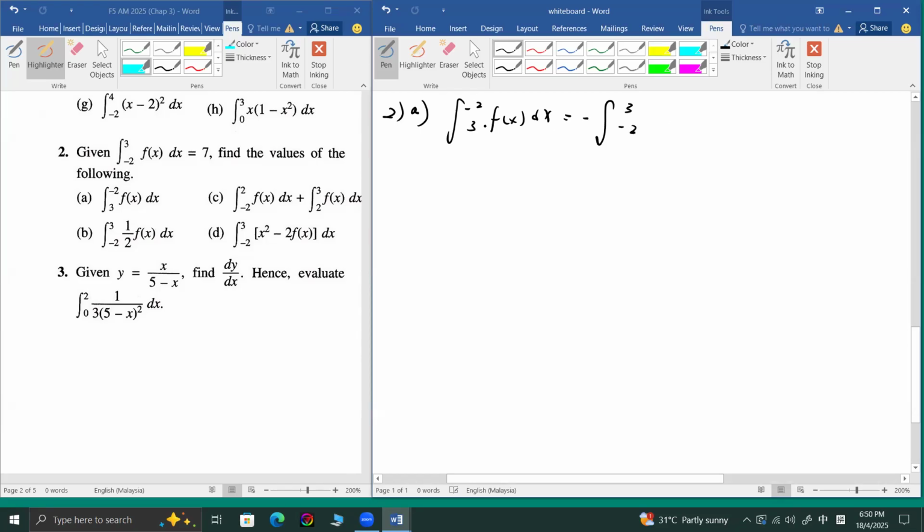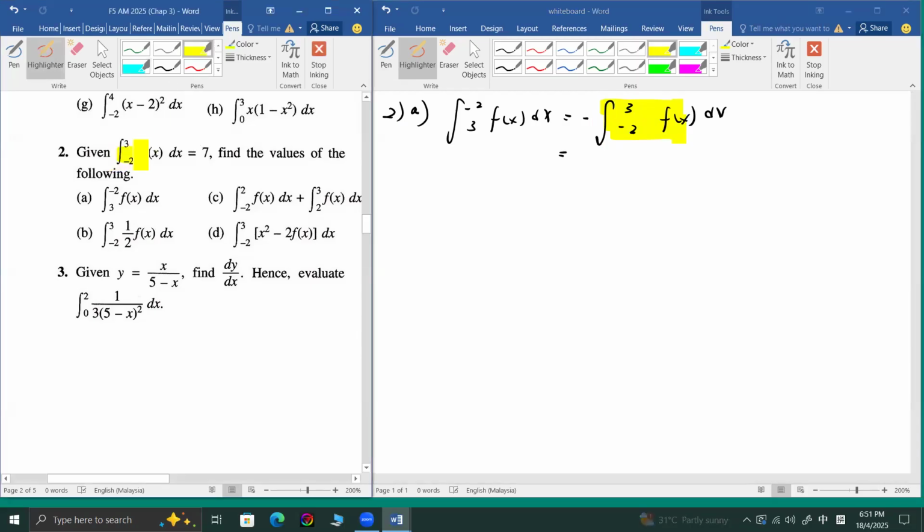When you exchange this, there's a negative. AB, when you make it BA, you apply the negative. This one is already given from the question, that is 7. So -7.